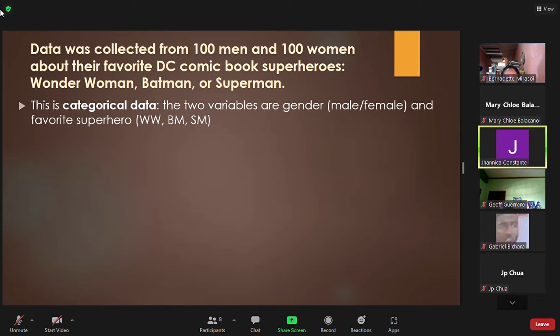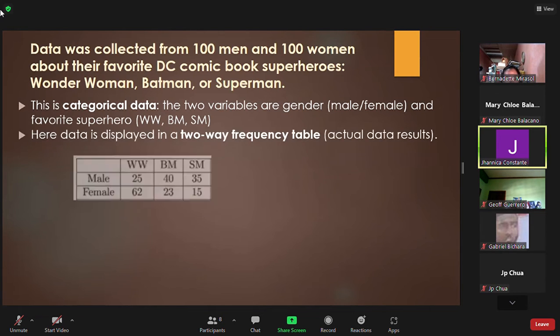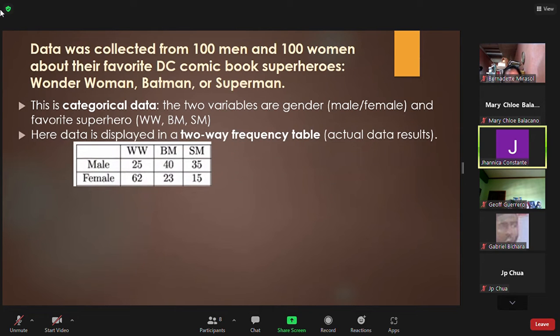So if we're going to place this data that we have gathered from 100 men and 100 women into a two-way frequency table, for example this one, that is the collected response for their favorite superheroes. From male and female, we have 25 and 62 for Wonder Woman.